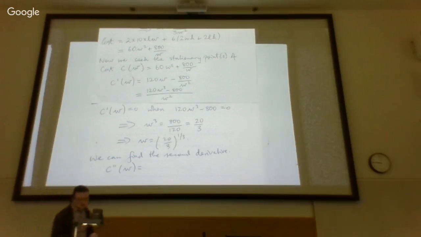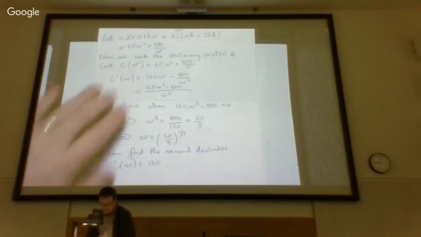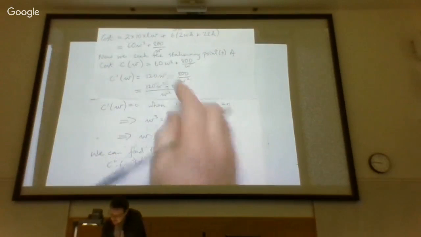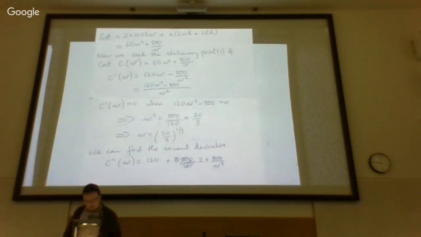So that'll be 120, I'm differentiating this formula here, 120 plus 3 times 800 over w. No, sorry, plus 2 times 800 over w cubed. Differentiating minus 1 over w squared, you get plus 2 over w cubed.